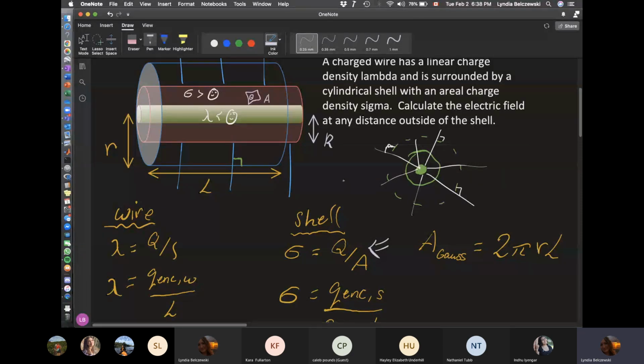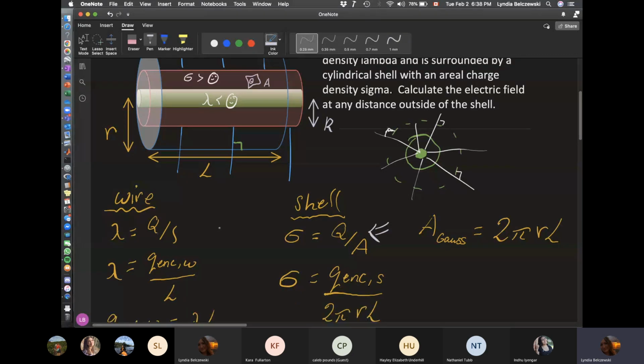So the radius of the shell, we're calling that capital R. What we're saying is that this sigma is some charge on the cylindrical shell, and it should be divided by some area on the cylindrical shell. The area of the shell will include the radius of the shell with the length of the Gaussian surface, because that length of the Gaussian surface is how much charge we're considering.